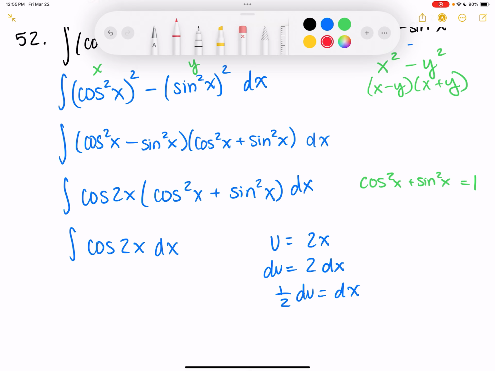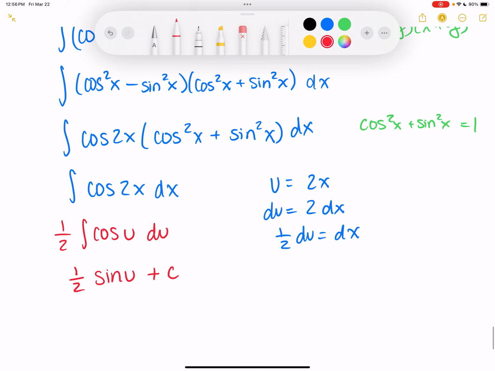So I've got 1/2 the integral of the cosine of u du. What does that integral give me? 1/2 sine of u plus c. So 1/2 sine 2x plus c.